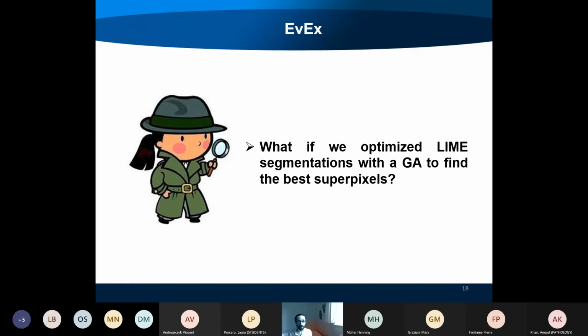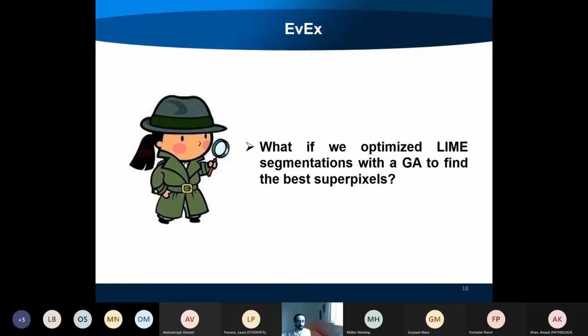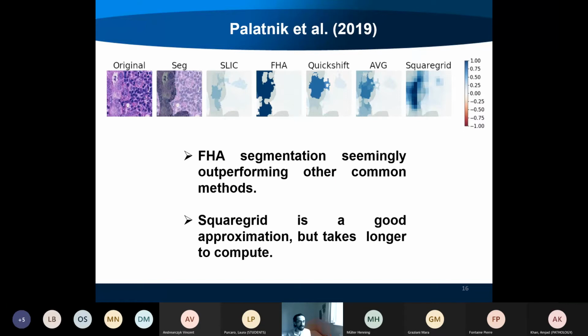So what we decided was, since we realized that FHA was finding these largest superpixels with higher explanation weights, why don't we use that in our favor, right? And try to use an optimization algorithm that just maximizes that. So let's say I'll use a genetic algorithm that tries to find the parameters for FHA that generate the largest weight on the most explanatory superpixel.